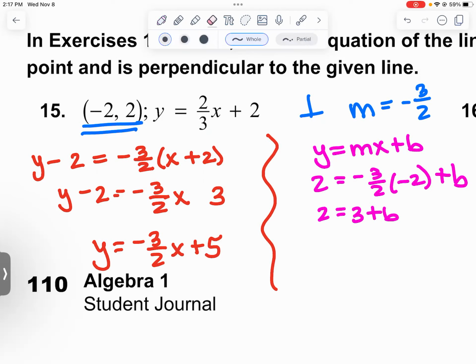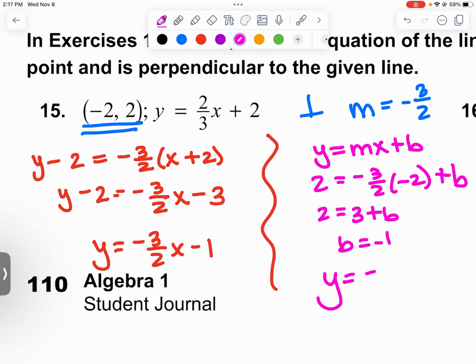Either way you go about it, you should be getting y equals -3/2 x minus 1.